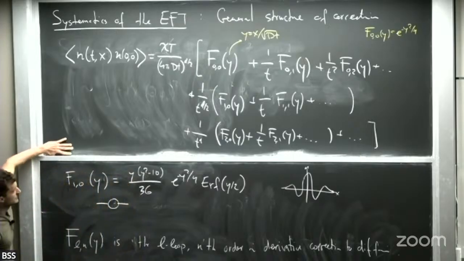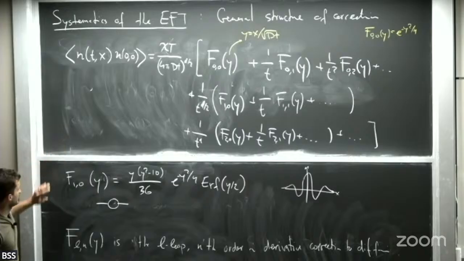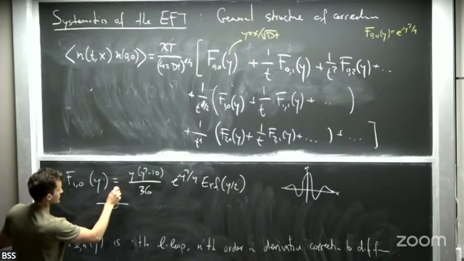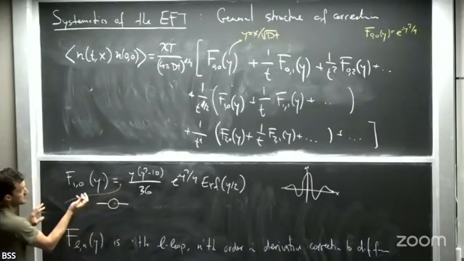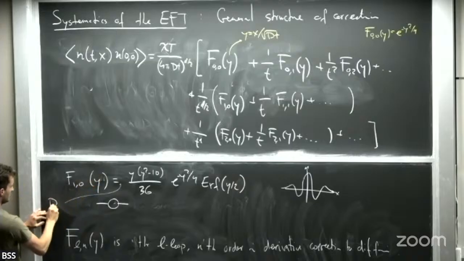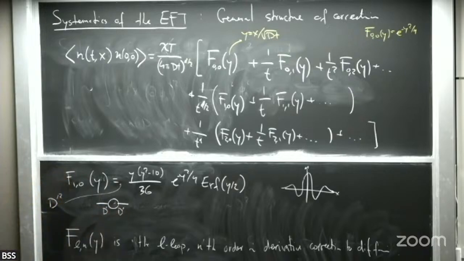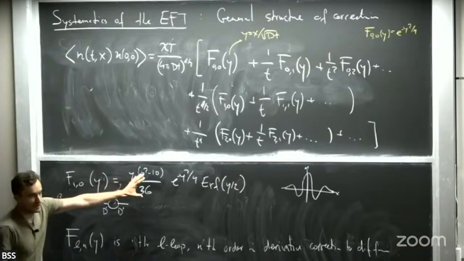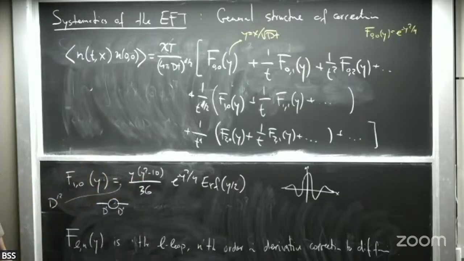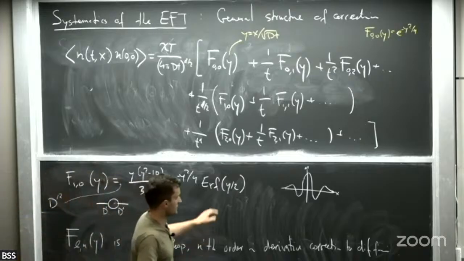And these come with prefactors. Here I didn't write the prefactor. The prefactors are not universal, but in some cases, for example, for the one loop, the prefactor is just D prime squared. So if you measure the diffusion constant of your system at several temperatures, you would know D prime, and you would have a prediction for this correction.